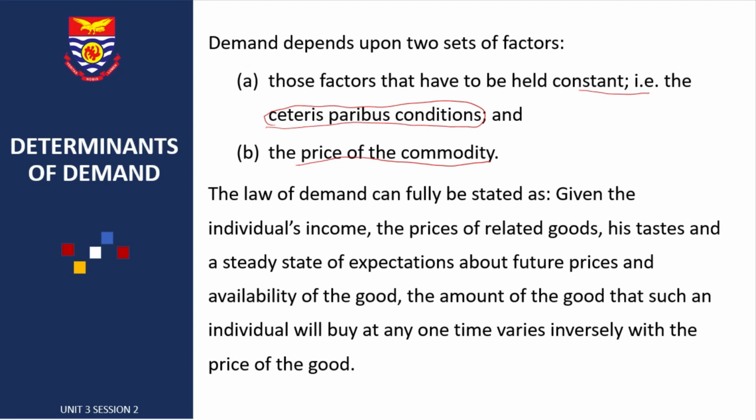I said that the factors that have to be held constant determine the state of demand, and they include the income of the consumers, the prices of related goods, the consumer's taste, or we say preferences, and the expectations.